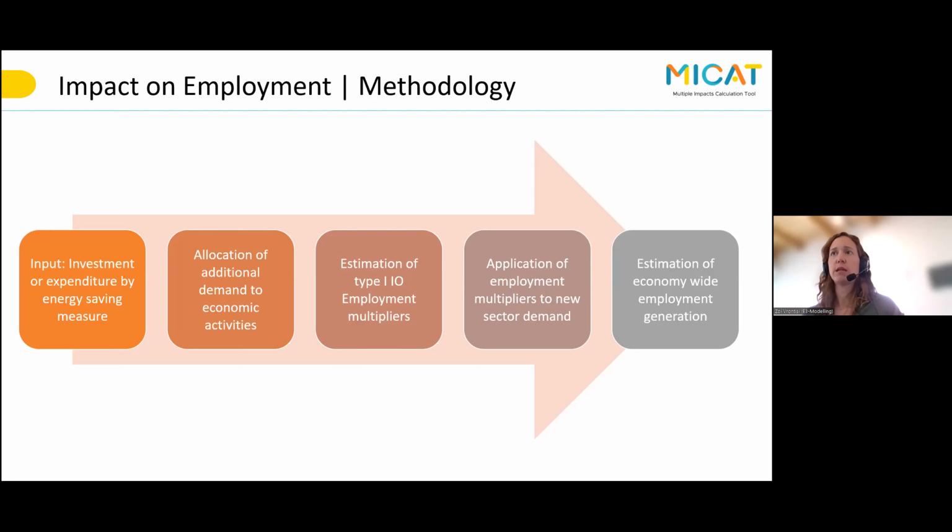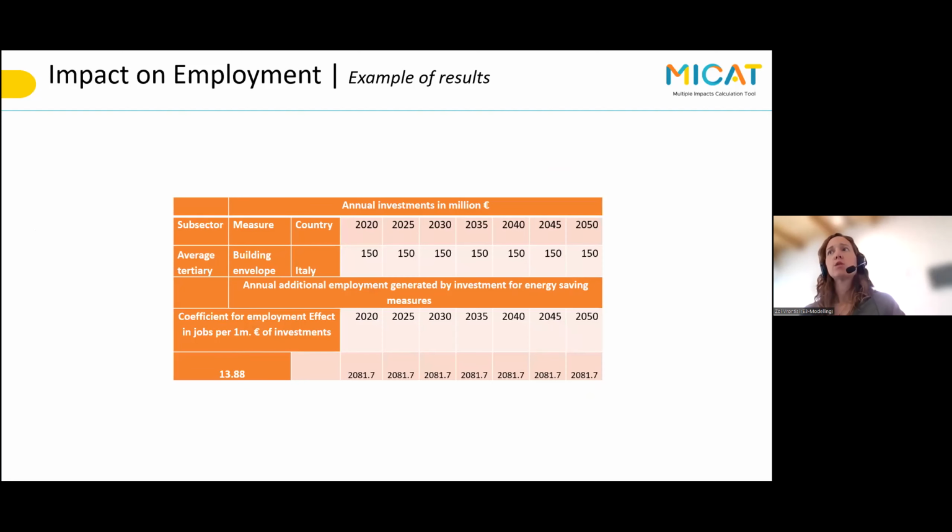And just to give you an example here again, if we have, for example, annual investments of 150 million in Italy on improving the building envelope, we could expect around 2,100 additional jobs generated. And we see that this, for example, has a high coefficient of employment.